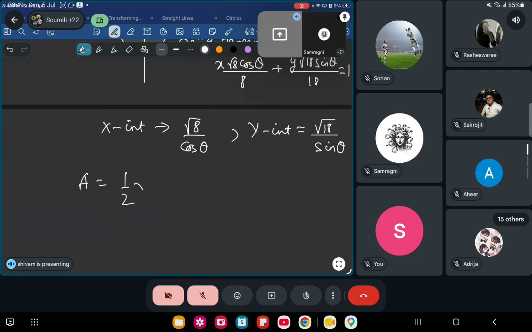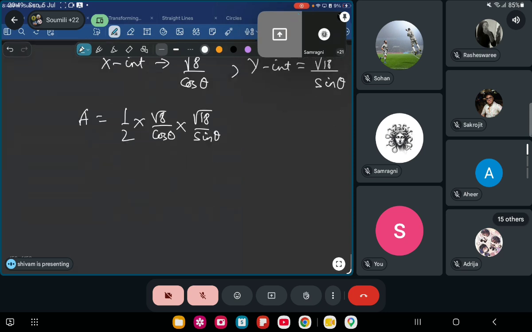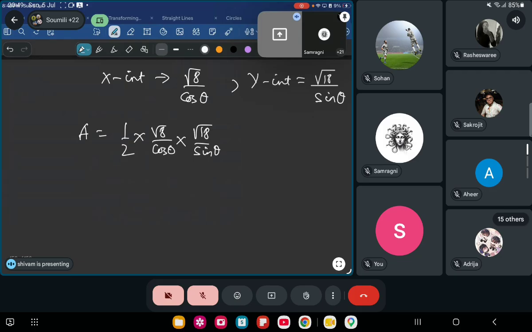So area we can find out. Area is equal to half into base into height, so half into root 8 by cos theta into root 18 by sin theta. We need to find the extreme of this area, which is root 8 into root 18 by sin 2 theta.